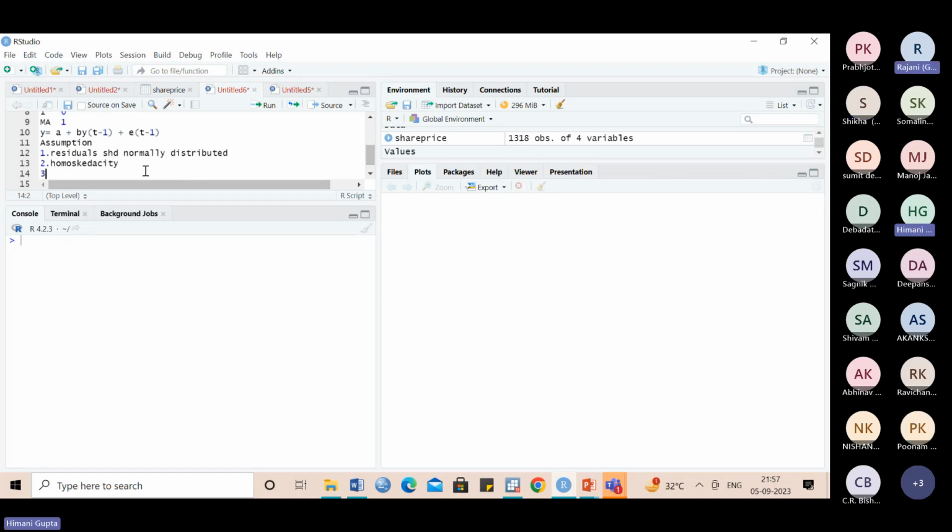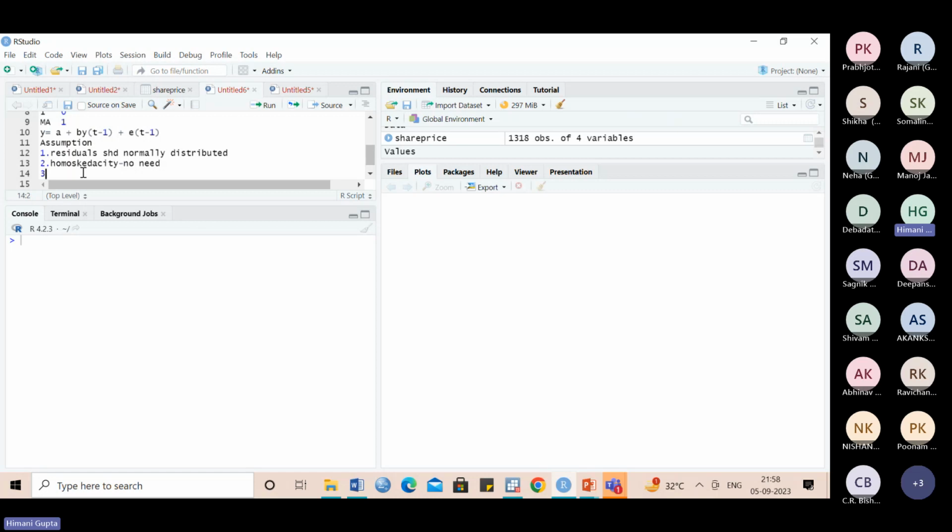If I have not taken two variables, I don't have to check this assumption. This assumption is valid only when there are two variables and a difference between them. When two variables are not there, this assumption is not required.